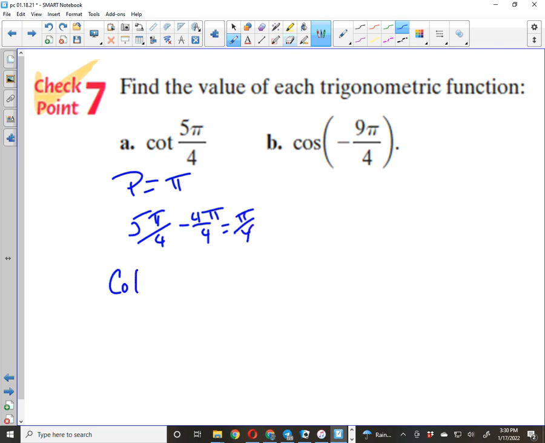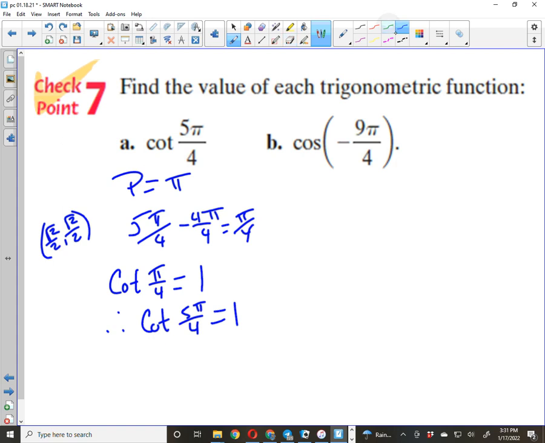If I find the cotangent of pi over 4, remember our ordered pair of pi over 4 is root 2 over 2 comma root 2 over 2. So x over y is just going to be 1, isn't it? Therefore, our cotangent of 5 pi over 4 is also equal to 1 because they're periodic functions of each other.